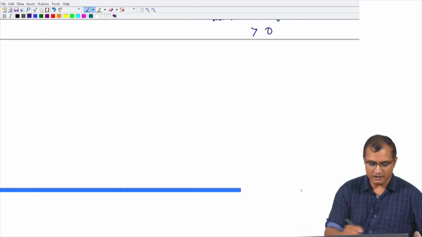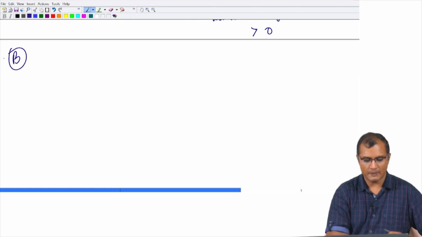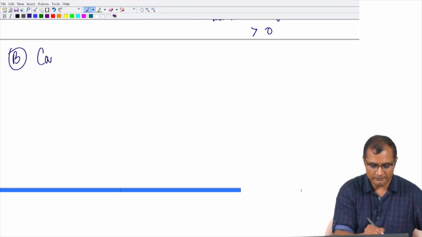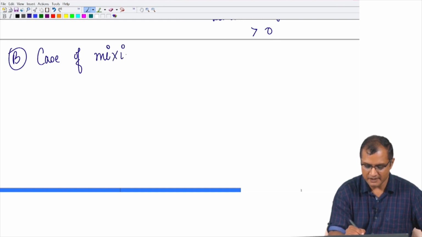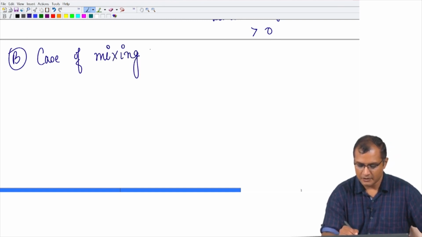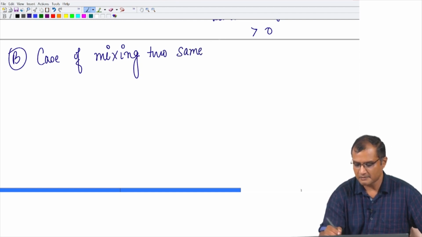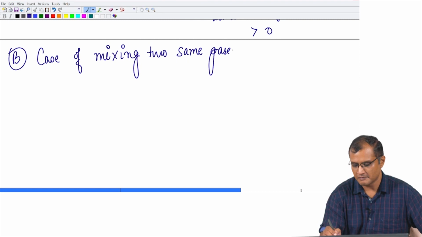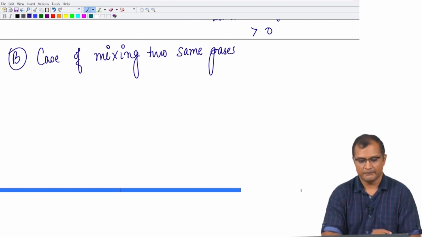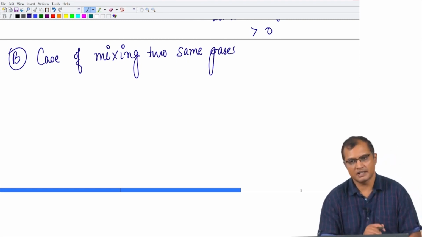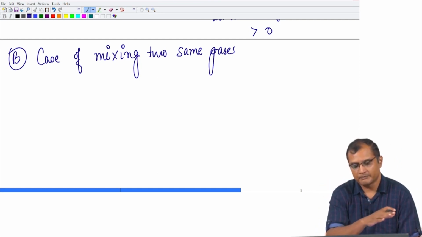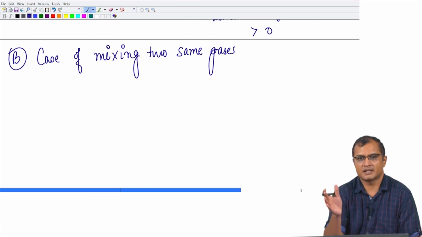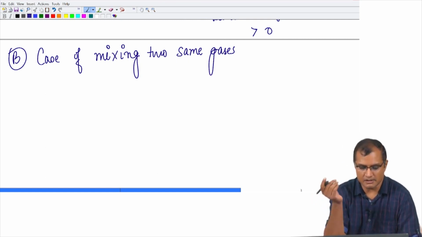Fine. So, now we will take a different case, the case of mixing two same gases. And as usual, I am going to take the case of ideal gases, the case of mixing when the temperature on both the sides is same and the density on both the sides are same.